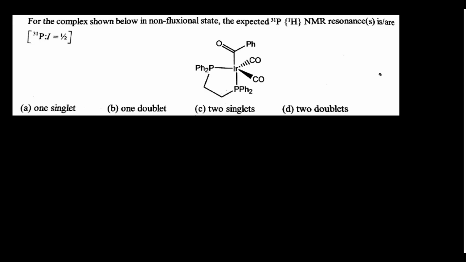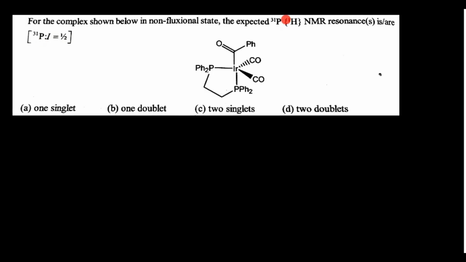And here the question says, for the complex shown here, this is the iridium complex. In the center you have the iridium, right? In non-fluxional state, the expected phosphorus NMR resonance is, where the value of I, that is the quantum number, is half, like proton, for the phosphorus also.